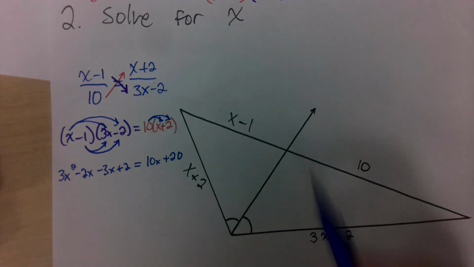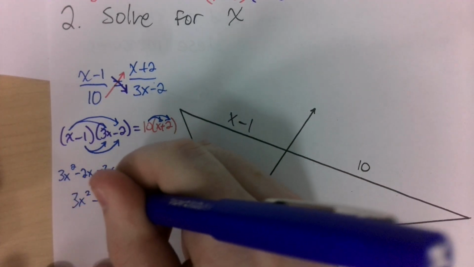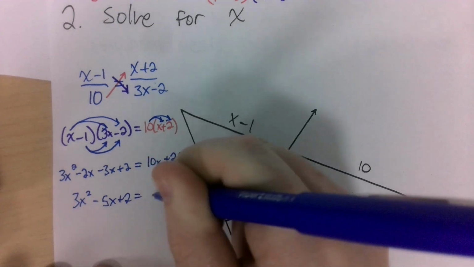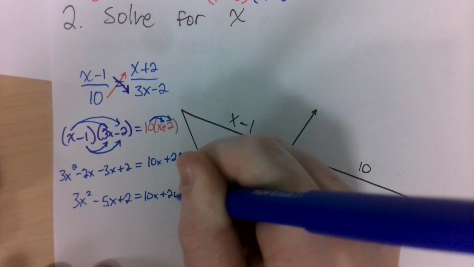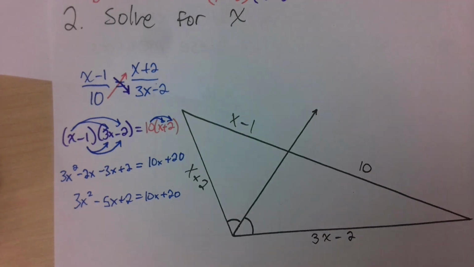I'm going to combine the like terms over here, so we end up with 3x squared minus 5x plus 2 equals 10x plus 20. And again, the rule is, if you want to solve that problem, you need to get one side to equal 0.